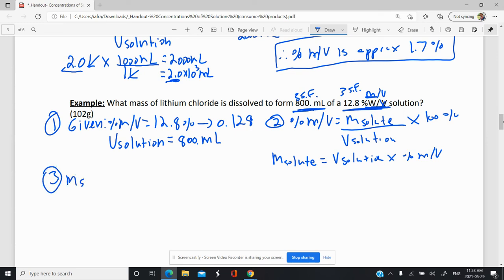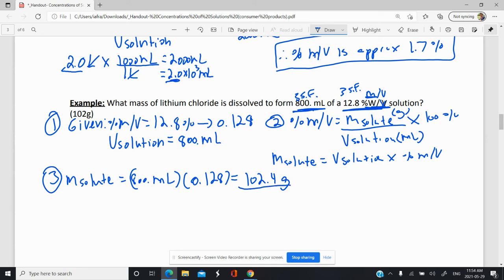Mass of the solute is equal to the volume of solution, which is 800 milliliters, times that percent MV, 0.128. So 800 times 0.128, and we get 102.4 grams, because remember that the formula is solute in grams over volume of solution in milliliters.